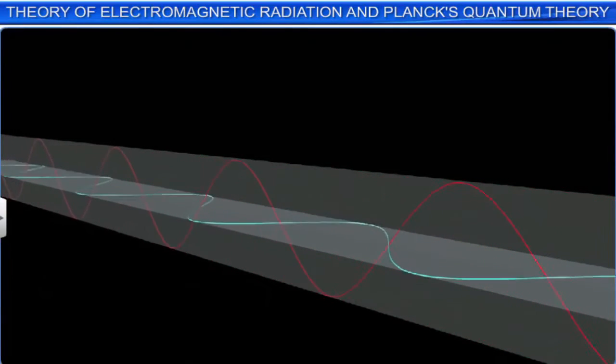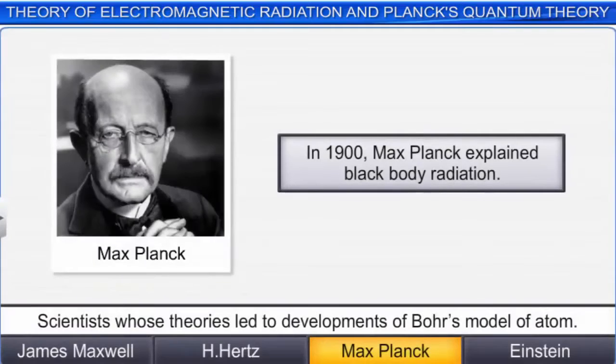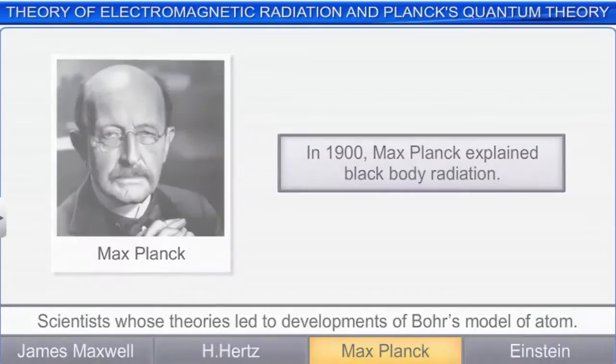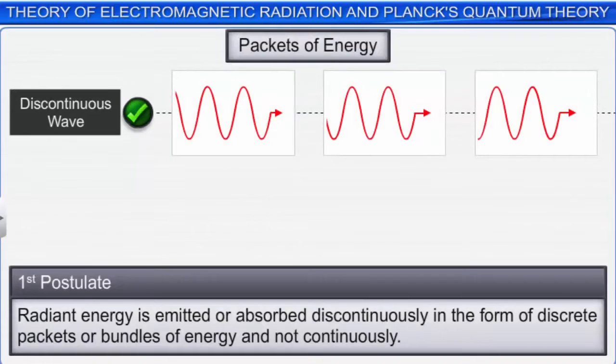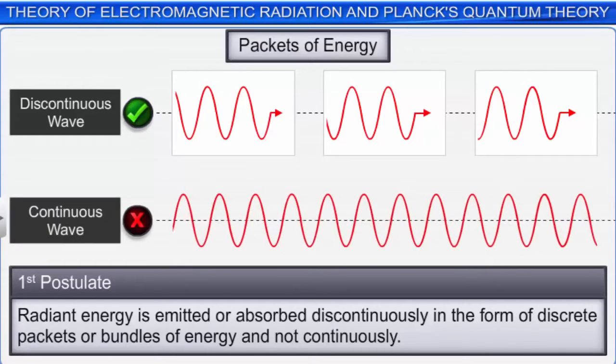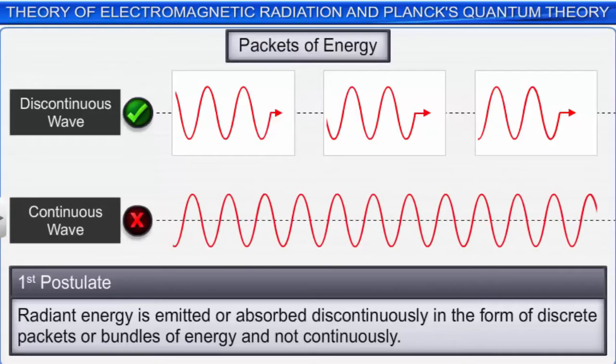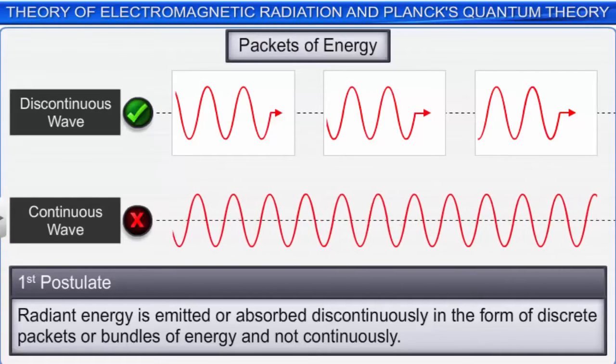To account for these experimental observations, Max Planck in 1900 proposed that radiant energy is emitted or absorbed discontinuously in the form of discrete packets or bundles of energy and not continuously. This is the first postulate of Planck's theory.